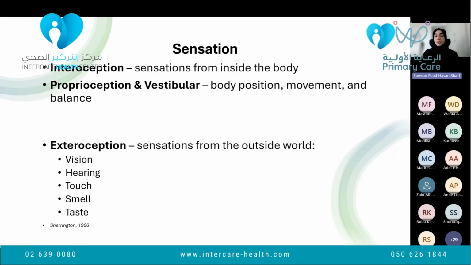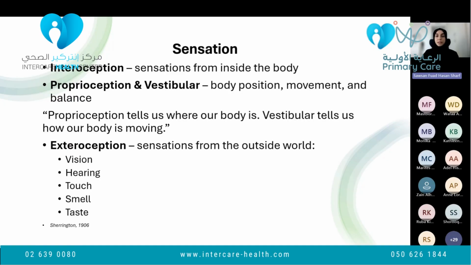These sensors and receptors send signals to the brain to inform the brain where your body is located right now, without relying on vision. If, for example, I close my eyes and raise my hand, I can know that my hand is already raised, even though I'm not looking at it, because of these receptors moving the information to the brain.